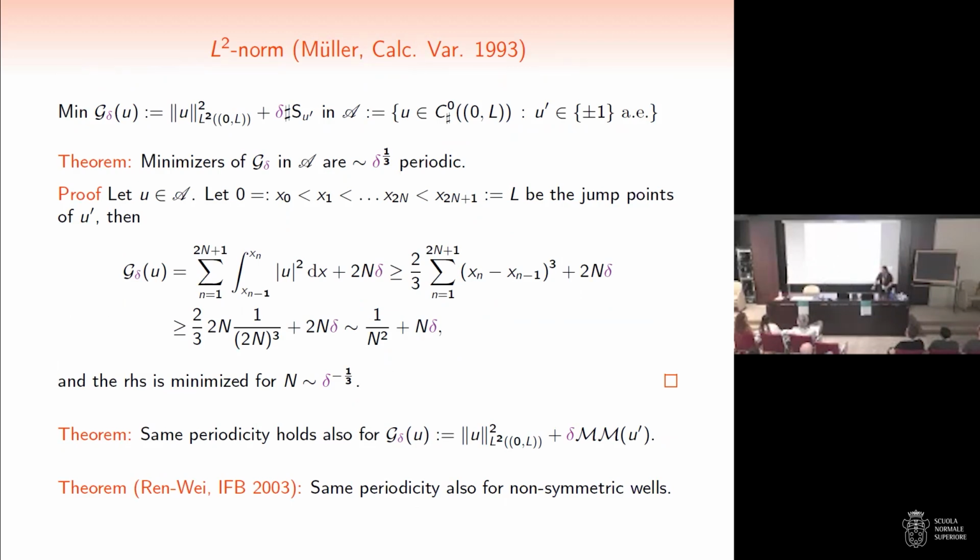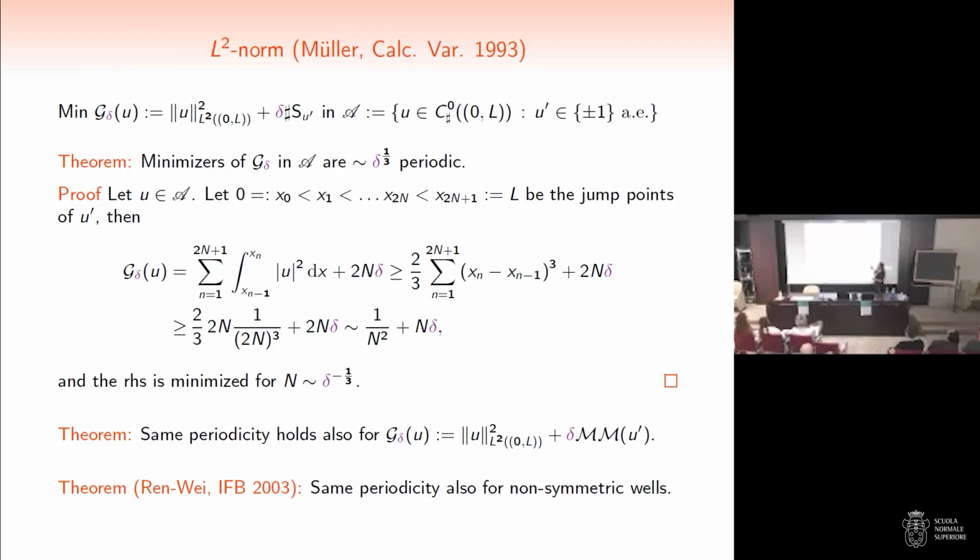As in our case, the authors considered piecewise affine periodic functions whose distributional derivative is either +1 or -1. So in this case, the wells are equal in modulus. The energy that Müller wants to minimize, not exactly this one, but some of the closest to our case, is the squared L2 norm plus a penalization on the oscillation of the function, given by delta times the cardinality of the jump set of u prime.